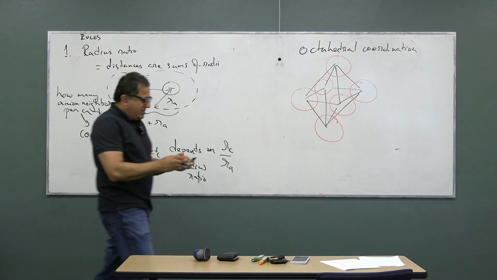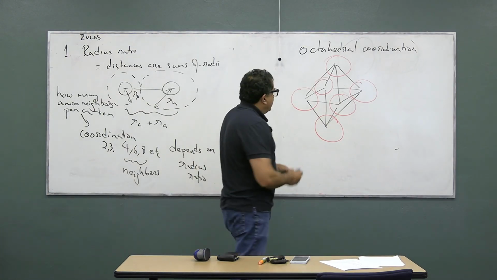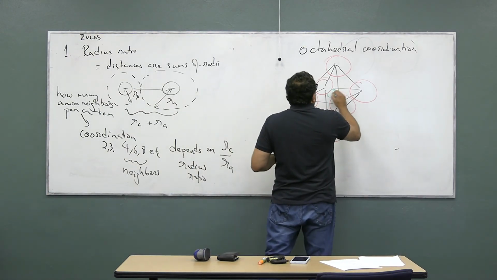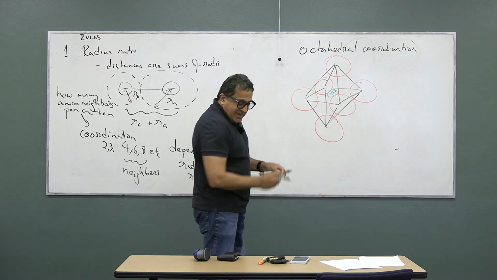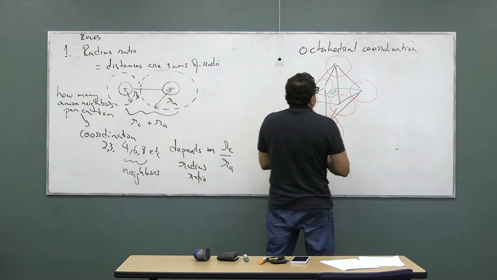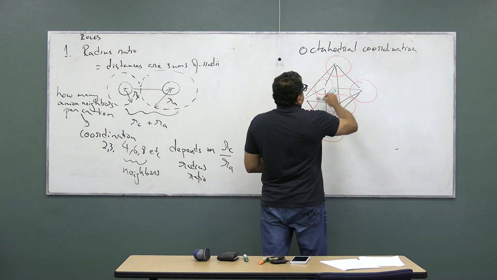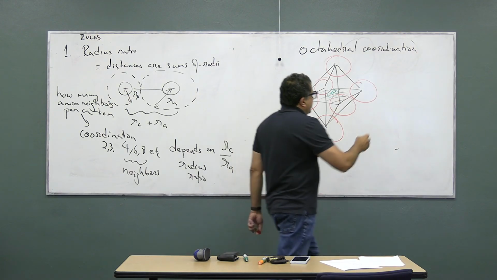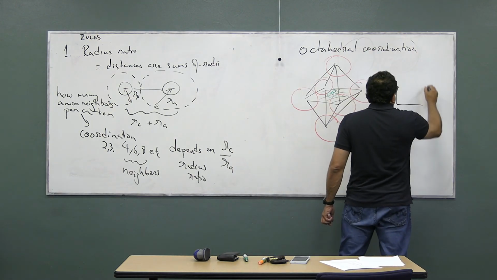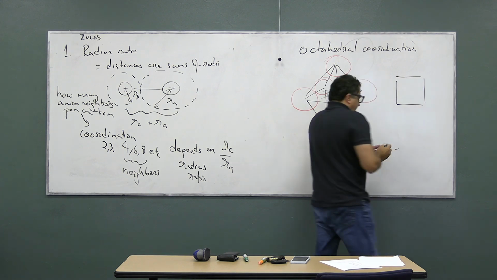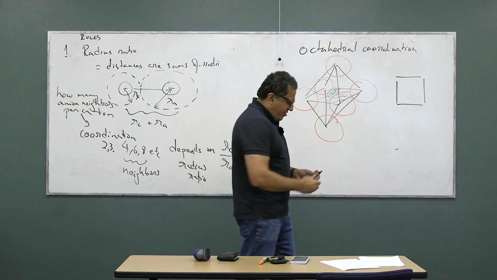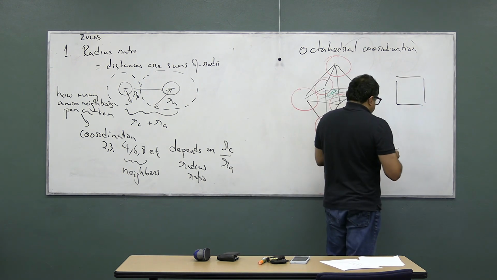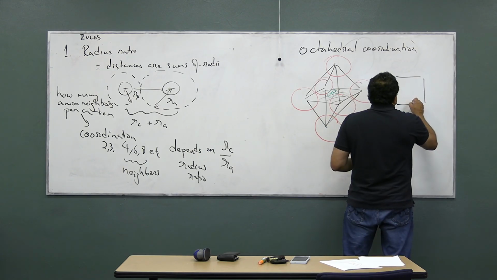So here are the anions, and here is the cation in the middle, right? So I can take this plane here. I can make many planes, but I'll take this plane here and write the plane like this. And in this plane, the assumption is that the anions actually touch each other.